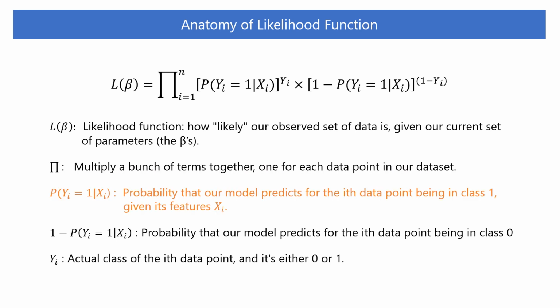P(yi = 1 | xi) is the probability that our model predicts for the ith data point being in class 1, given its features xi. 1 minus P(yi = 1 | xi) is the probability that our model predicts for the ith data point being in class 0, which is just 1 minus the probability of it being in class 1. yi is the actual class of the ith data point, and it's either 0 or 1.